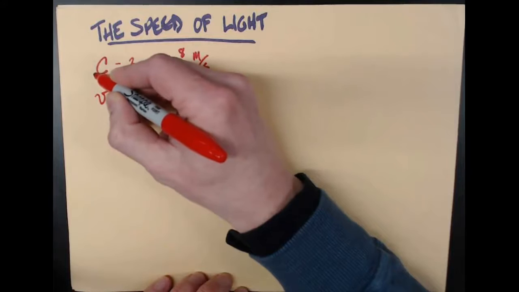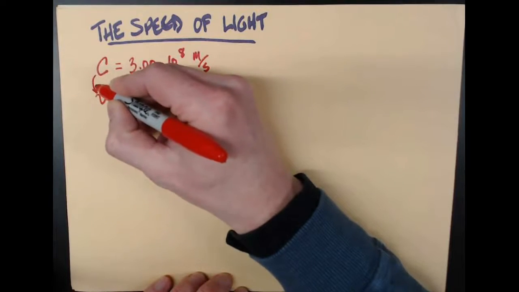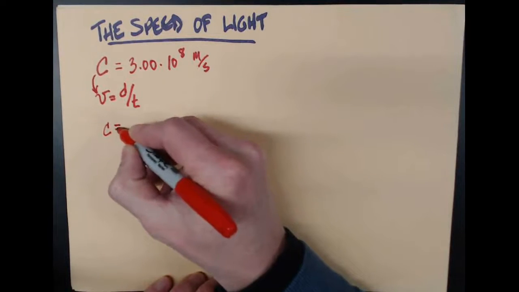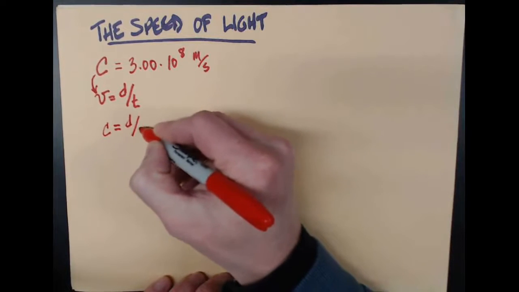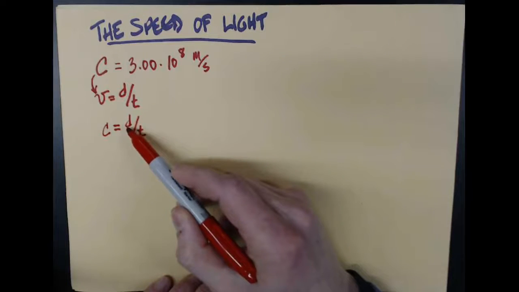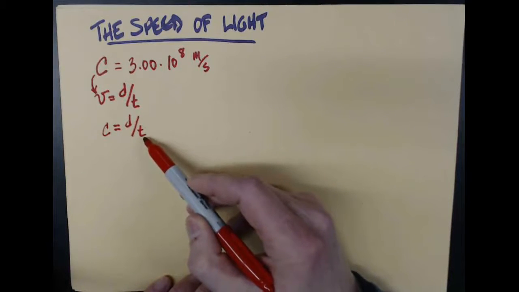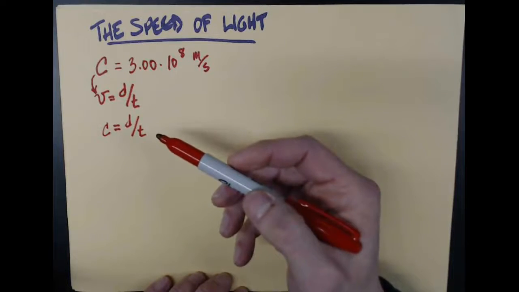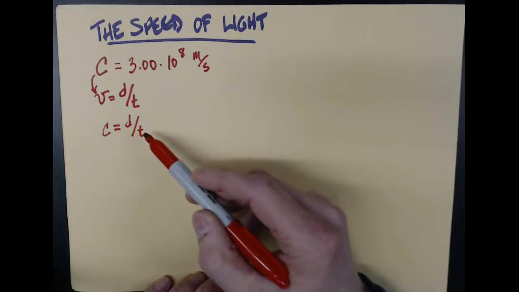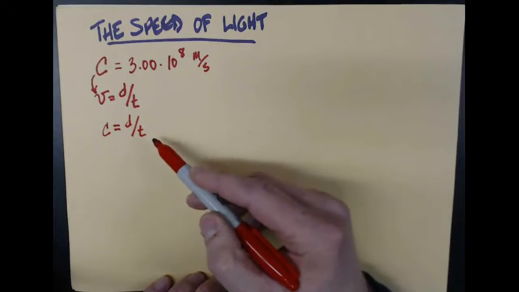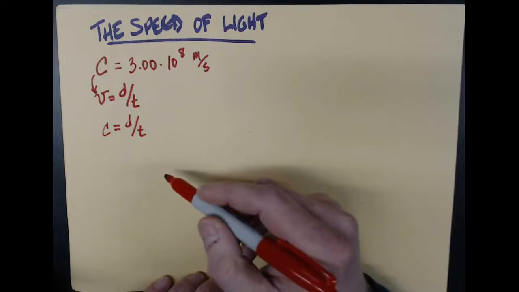But since this is also a speed, we can go ahead and sub that in, and we would end up with the speed of light is equal to a distance divided by a time. In this case, it would be the distance traveled by light divided by the time that it took for the light to travel. Again, this is kind of an approximation, and so we have to be careful about how we use this because we're going to find out when we talk about relativity that weird things are happening when you try to move at the speed of light.